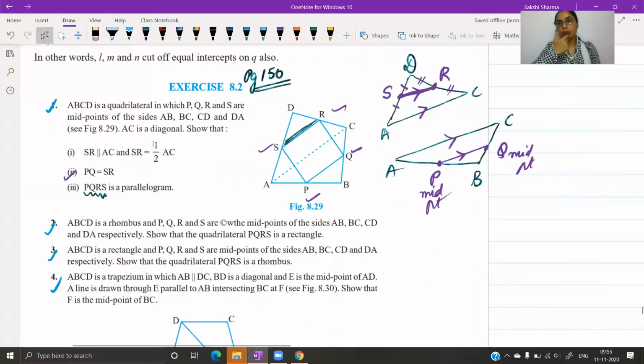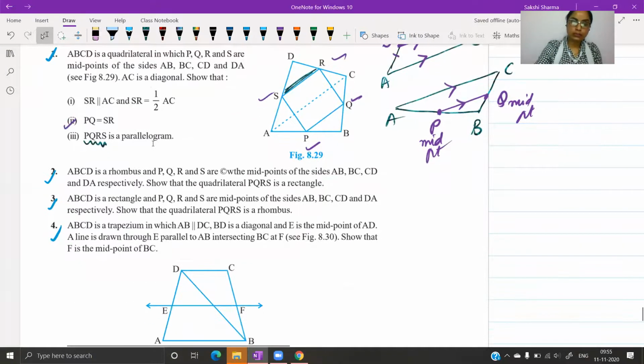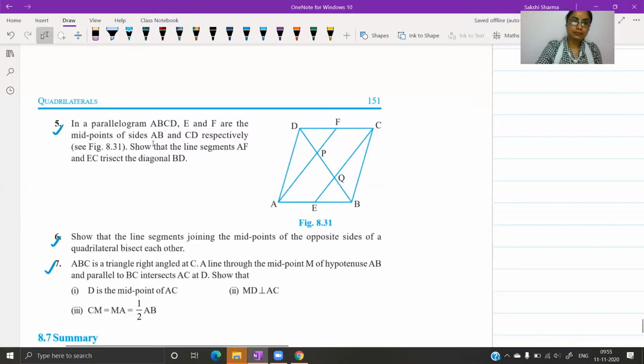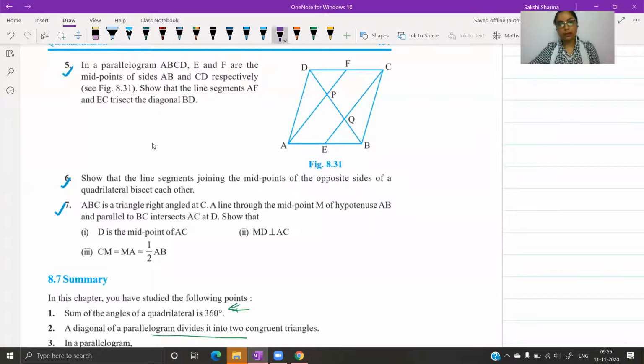Before we proceed with the next question, take a look at the 6th question of the exercise. Show that the line segments joining the midpoints of opposite sides of a quadrilateral bisect each other.